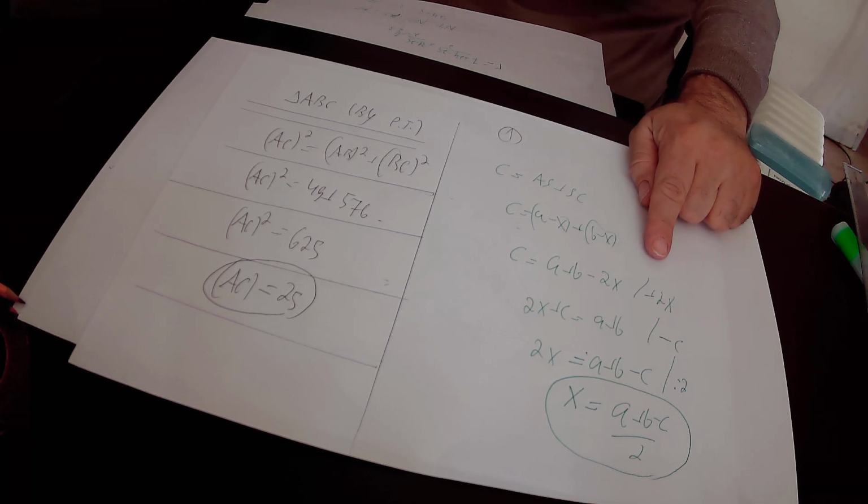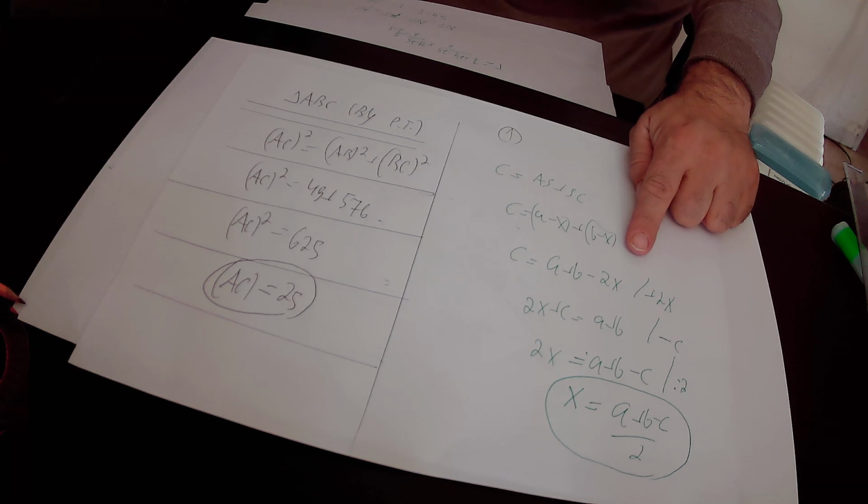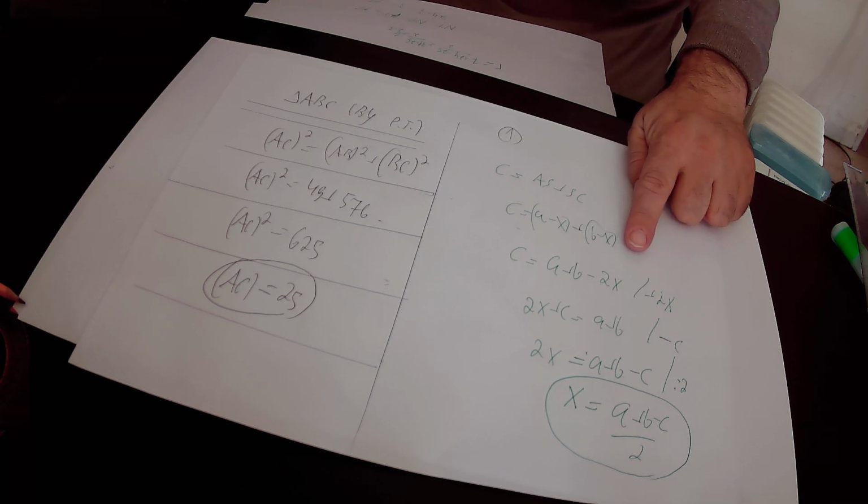We added 2X to this equation and found that 2X plus C equals A plus B.